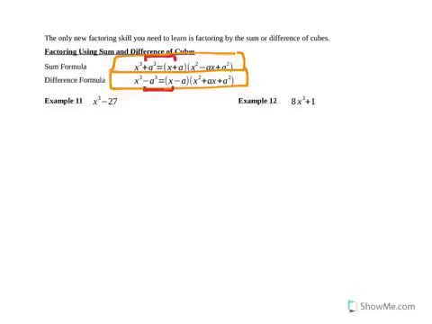So the first binomial will contain the exact same sign as the problem that you start with. Then you'll notice that this guy right here and right here, these are opposite signs from the original problem, right? Whereas the first two had the same sign. So what do I really need to do to use these formulas? I need to find the cube root, and then I need to plug the cube root into the formula.